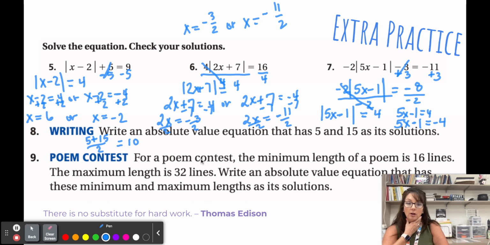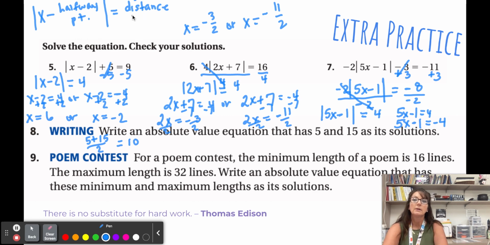If you can recall, or look back in your notes, or well, I don't know if I had you write it down in your notes. The way it's set up is you have your x minus your halfway point inside the absolute value symbols, and that's going to be equal to the distance from the halfway point. I think I put it in the example from the book.